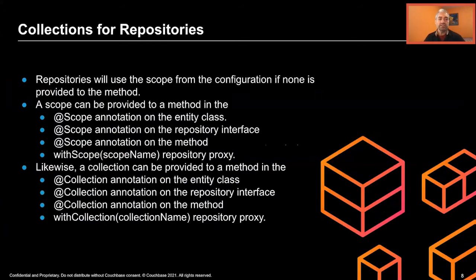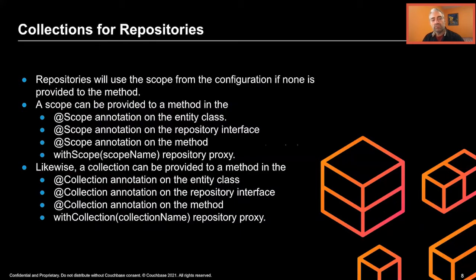For repositories, it's some of the same concepts. The repositories will use the scope from the configuration if none is provided from the method. So that's the getScopeName method call. And a scope can be specified by annotation on the entity class, on the repository interface, or just on the method.